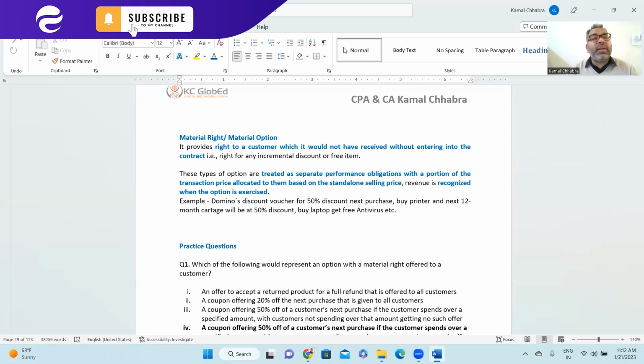So it's a material right you are getting. Each material right is considered a separate performance obligation of the seller. That means this extended warranty is a separate performance obligation from the seller side. Make sense?